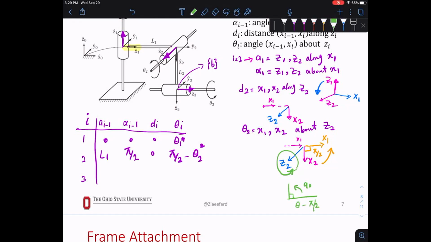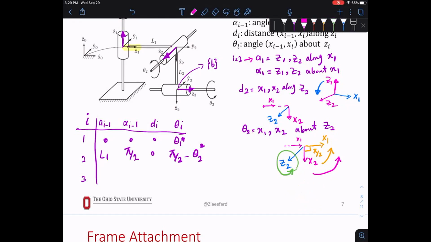Where is a negative pi over 2? The positive rotation is this way, right? So this is a positive pi over 2. Here, the positive direction of rotation is this way. So the angle between the two is pi over 2, just the value.